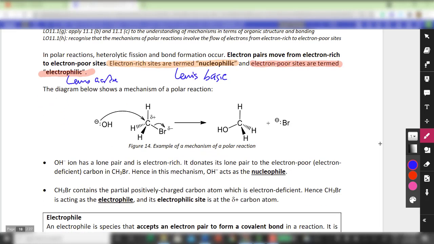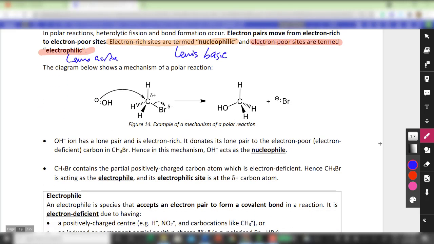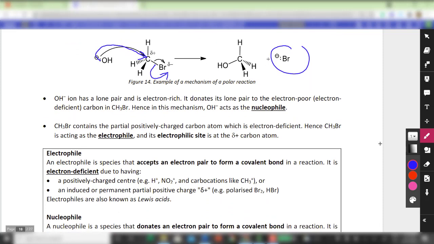Again, same thing: the electron lone pair attacks the carbon, which is the electron sink because it's electron deficient, and the sigma bond breaks towards the Br, and you get this. In this case, we say that the OH minus acts as the nucleophile because the carbon is electron deficient, so it is susceptible to nucleophilic attack.